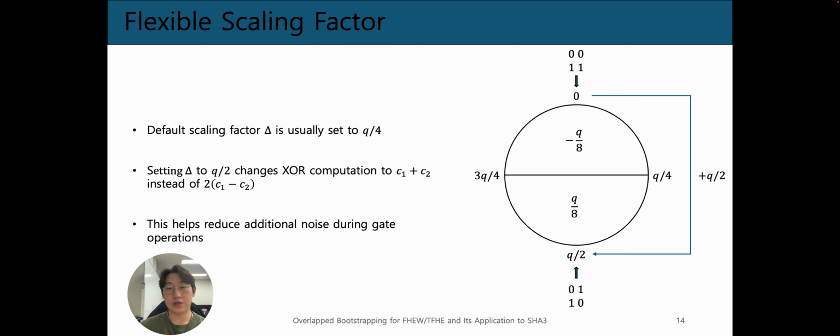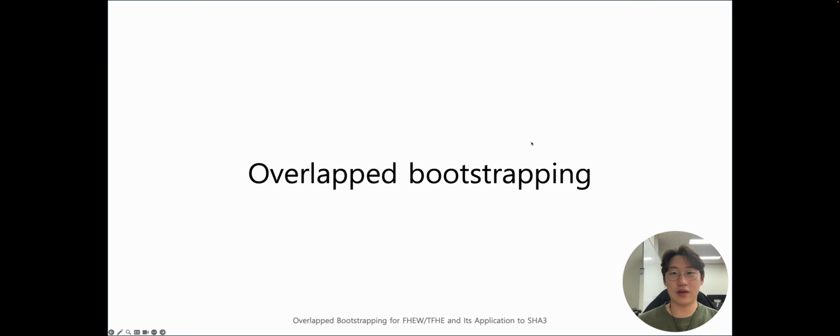As a result, it helps lower the probability of decryption failure that can occur due to noise flooding. This is one of the key benefits of using a flexible scaling factor. Next, we will explore how these benefits can be used to make bootstrapping more efficient.